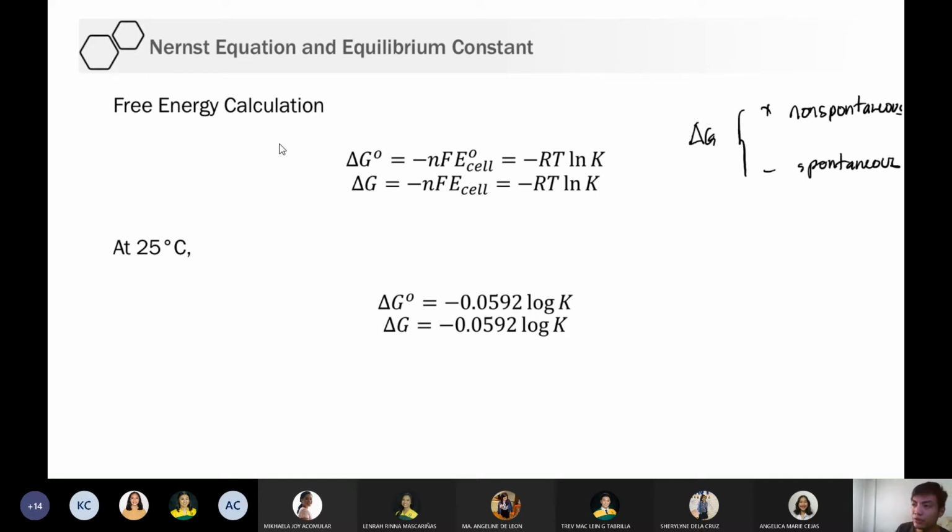So one equation for us to determine the free energy change of any electrochemical reaction is this one. So that's delta G equals negative nF E cell, wherein n is the moles of electron. Mole of electron, yun yung binalance natin kanina, yung kinancel mo. So, kanina 2 yon, di ba? And F is called the Faraday's constant.